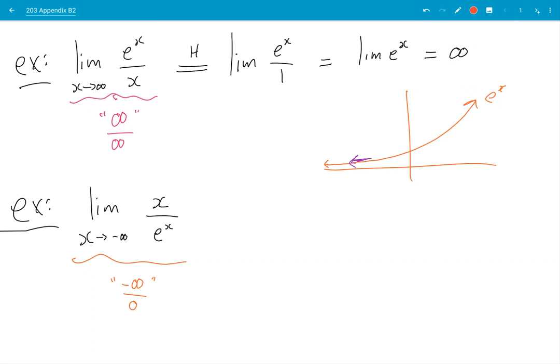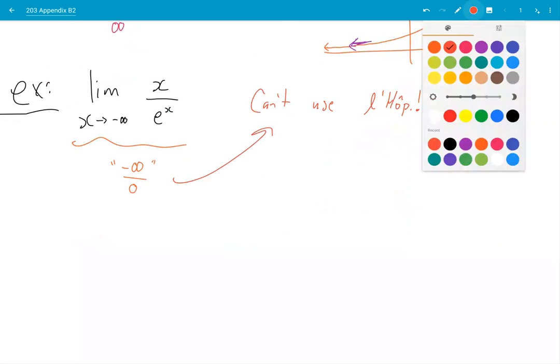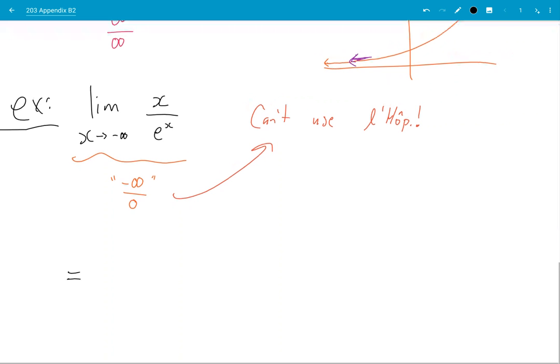Now, what else? Well, I know I can't use L'Hopital's rule. So what can I do? Well, I should first notice that when I approach 0 up here, it's actually 0 plus. Okay, I'm approaching 0 through positive numbers.